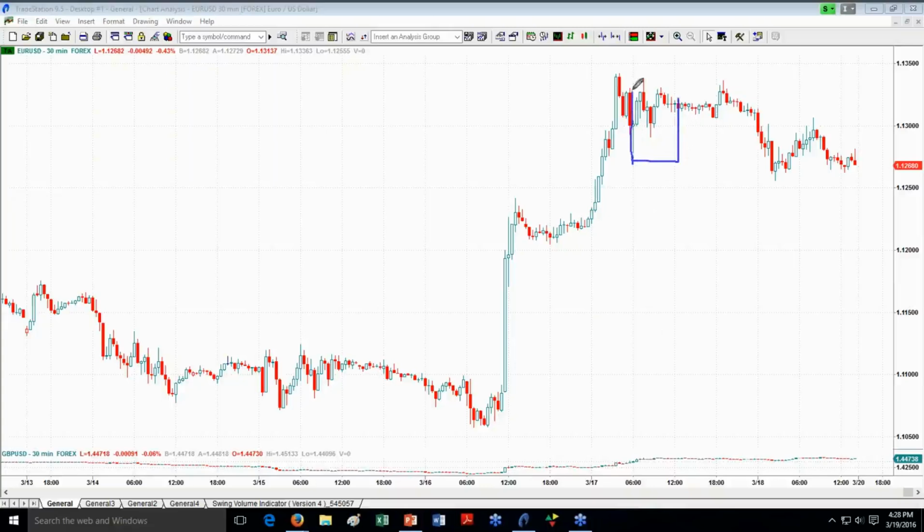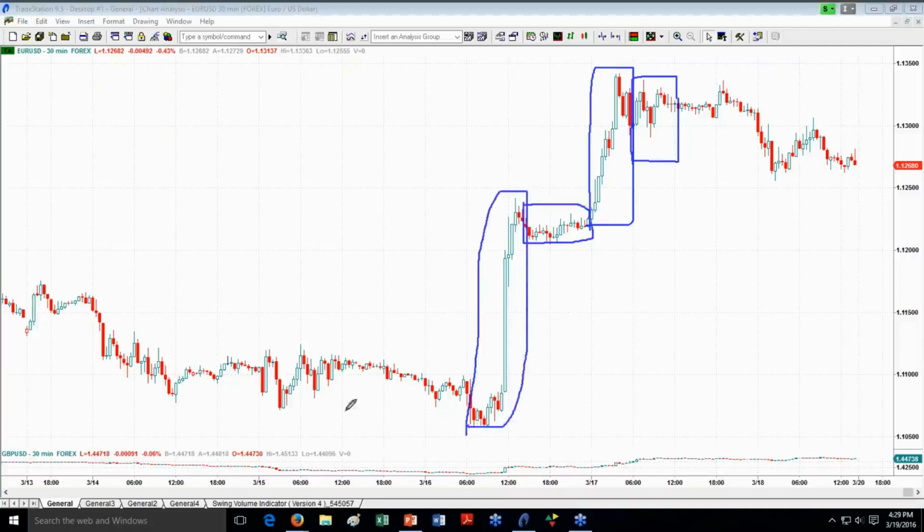So here is this US session. But you could already see that the majority of the move happened during the London session right here. And the Asian session here was actually inconsequential. Then here we have more to the upside in the US, less so in London.